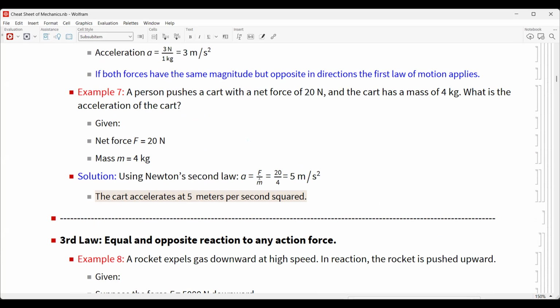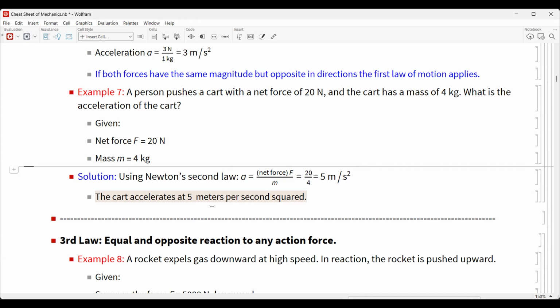Using Newton's second law, force divided by mass, so we have a net force of 20 over the mass of 4 kilograms. So that's equal to 5 meters per second squared. So the cart accelerates at 5 meters per second squared.